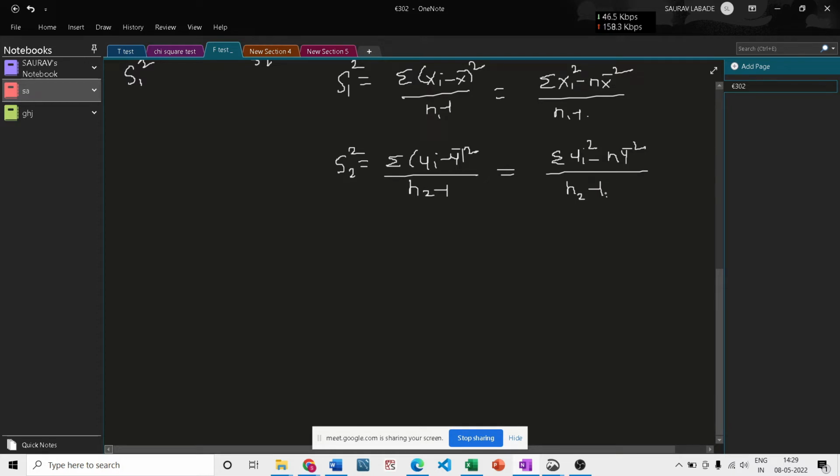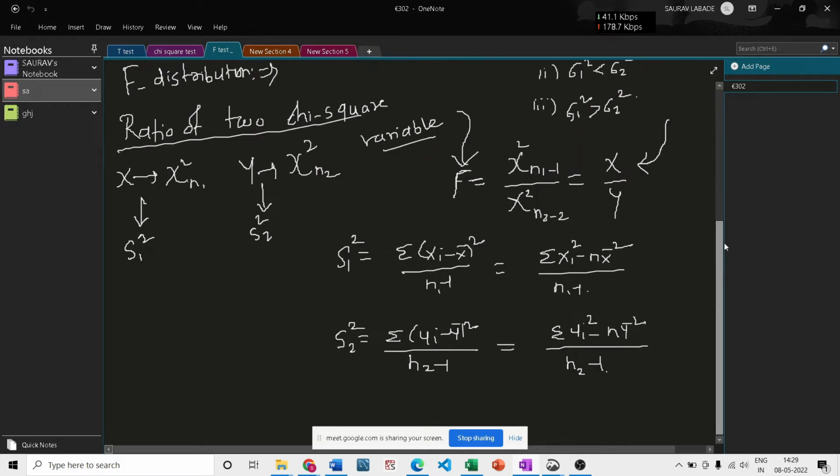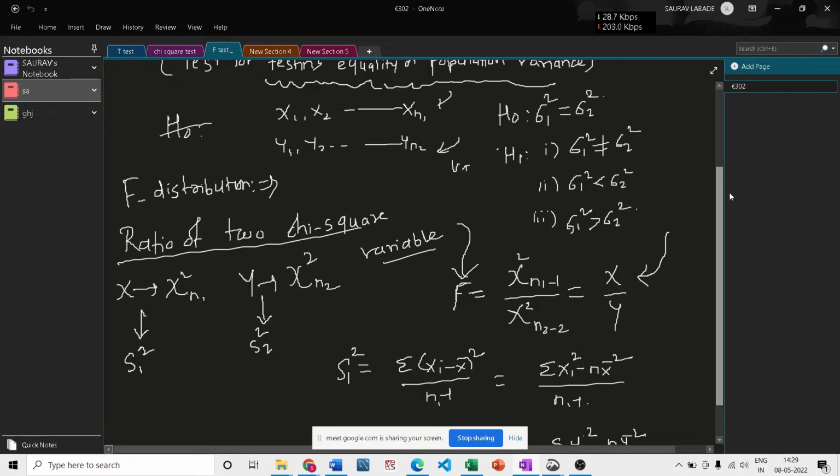Then what will be my test statistic in this case? So this is the null hypothesis and alternate hypothesis, you already know, right?